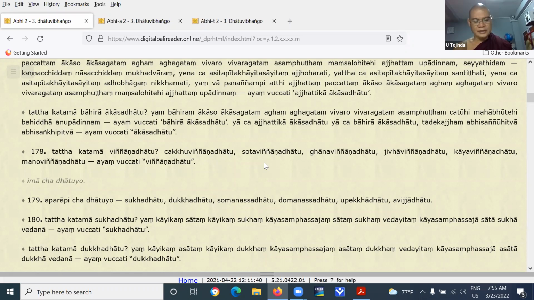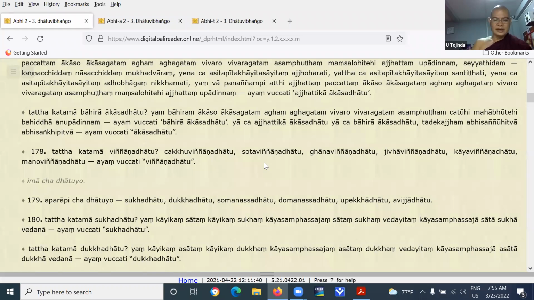By taking Kaya vinyana dhatu, you also have to take Kaya dhatu, Potthabba dhatu. The Manovinyana dhatu can be classified into Mano dhatu, Manovinyana dhatu. Then you have here a Vinyana dhatu also. You can classify it to 18 dhatu, 18 elements.